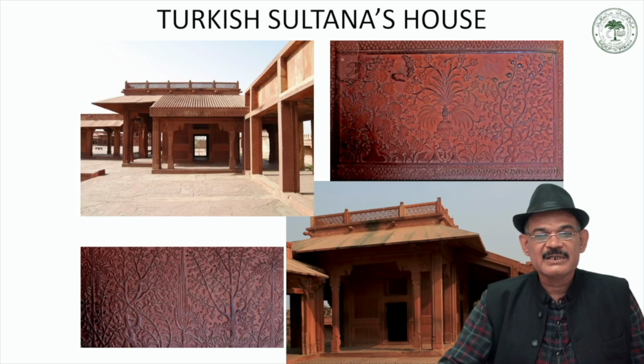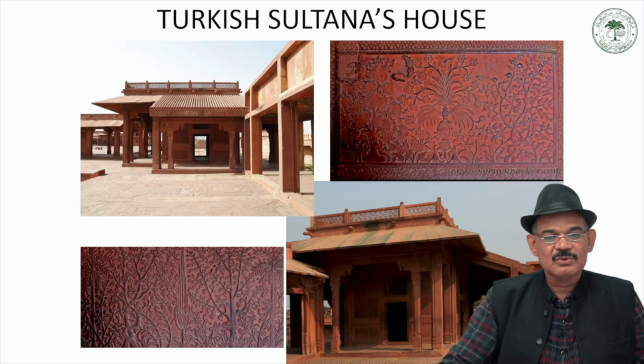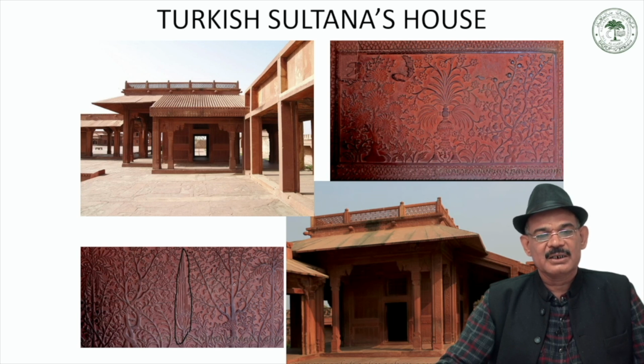And it was built in a panel. The panel is surrounded by a design cut in a geometrical pattern. Another panel also has flowers and trees. Here a Central Asian tree you can find.